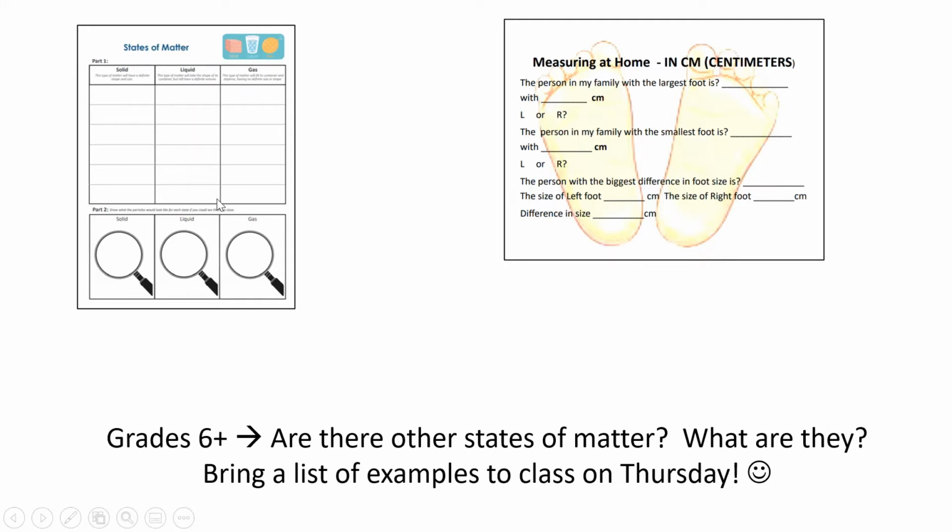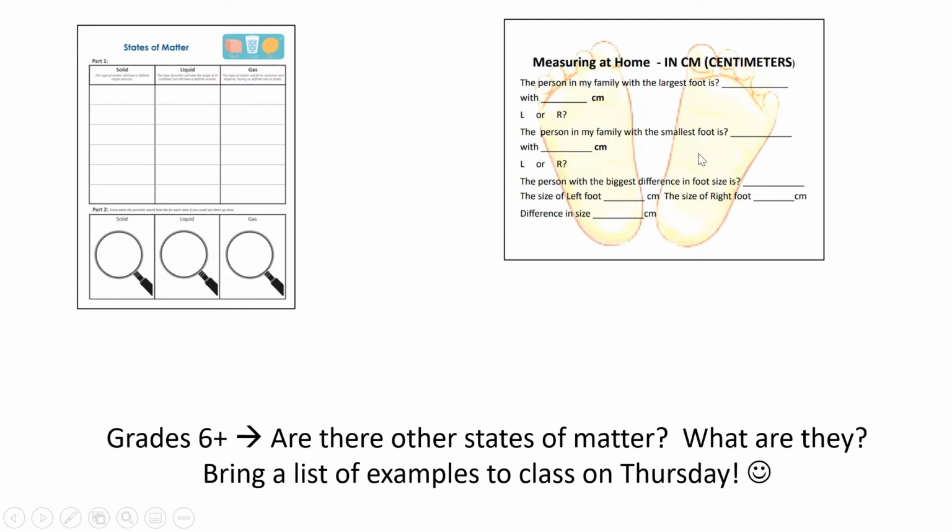So my son Isaac, his left foot is 27 centimeters and his right foot is 27.5 centimeters. So he only has, okay, it would be 5 millimeters difference, or half a centimeter difference.